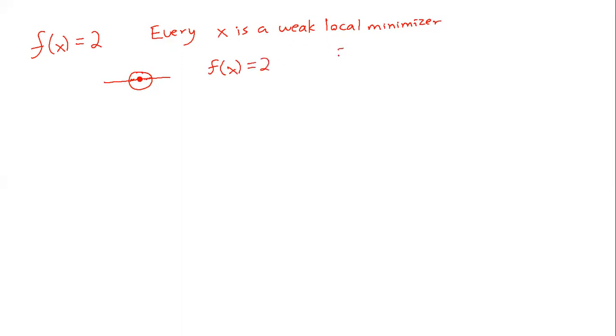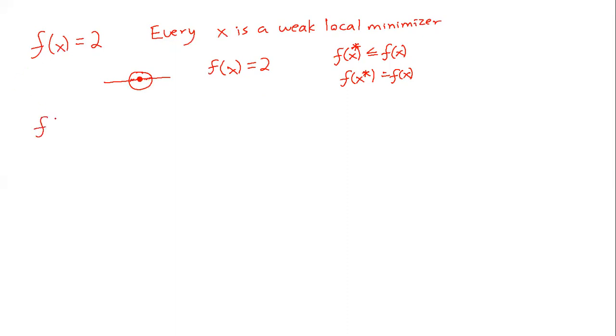So f at any of these x's is less than or equal to f at all the other x's. It's actually equal. So this one is only a weak local minimizer because there are many points here that have the same value of f of x.